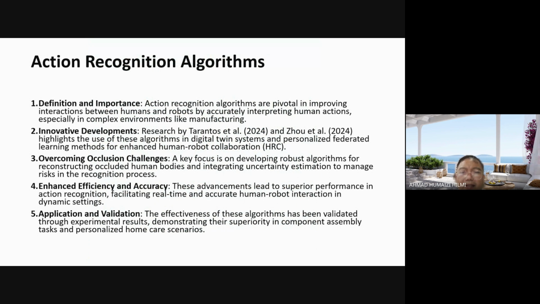By employing techniques such as human mesh recovery and personalized federated learning, researchers like Zhao et al. use real-time action recognition. This algorithm overcomes limitations posed by occlusions, and also brings a control level of risk to the recognition process, making human-robot interaction more relevant and effective.